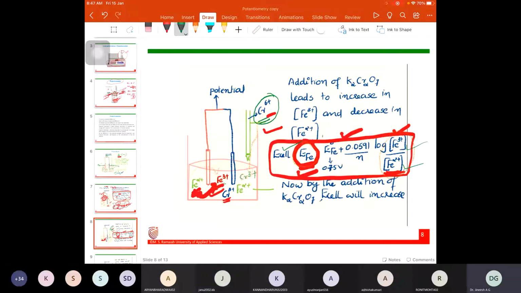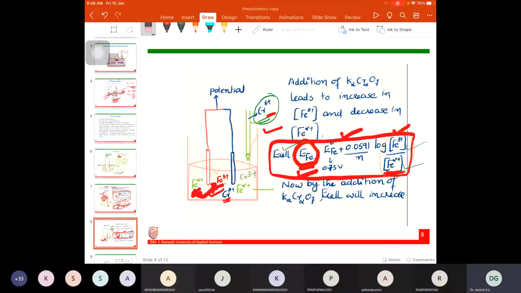No doubt, right? At a particular point, the entire Fe2+ will be converted into Fe3+. The reason? We know that Fe2+ concentration is decreasing, right? So at a particular point, the entire Fe2+ will be converted into Fe3+ ions.